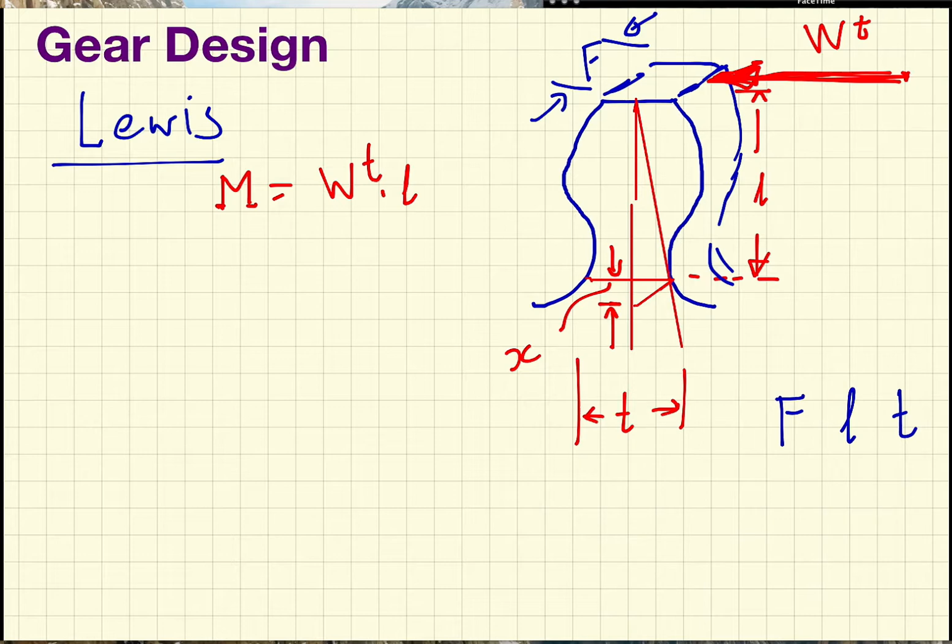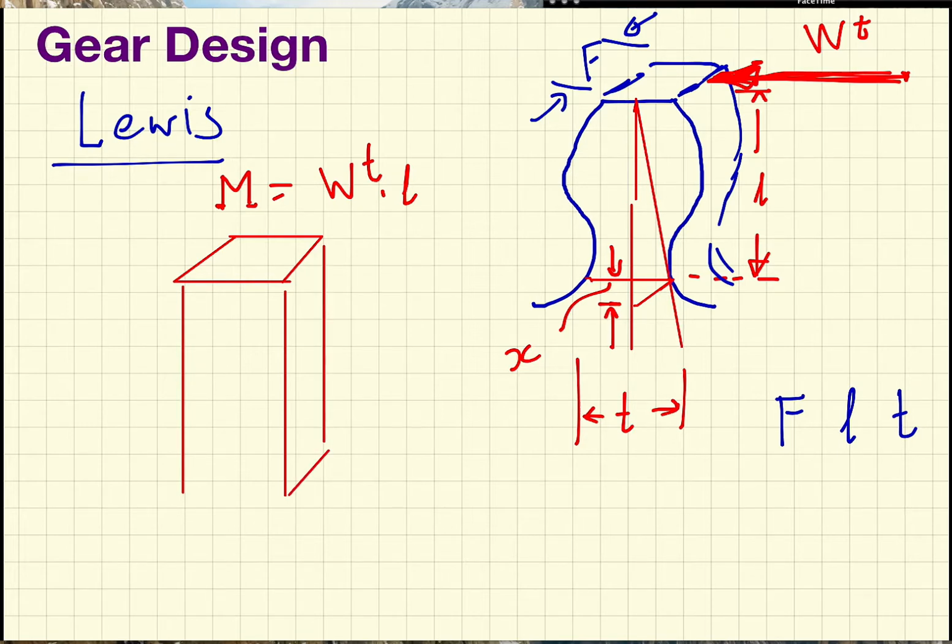Now, Lewis thought that a useful approximation would be to consider the tooth as a simple beam, and basically it's approximated in this fashion.